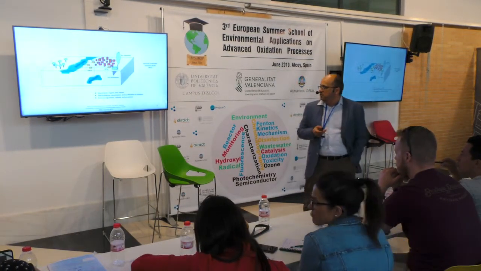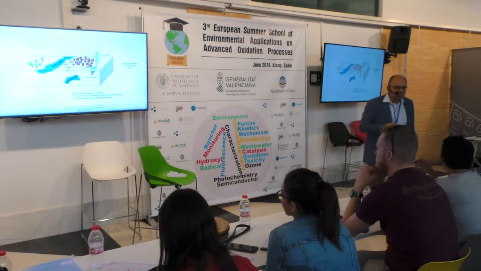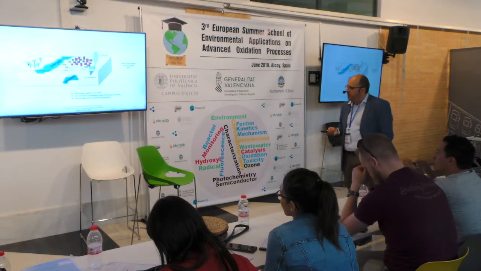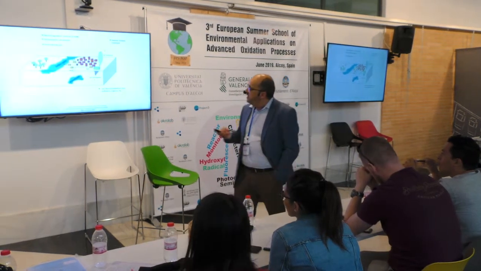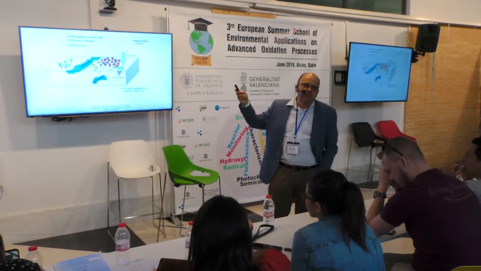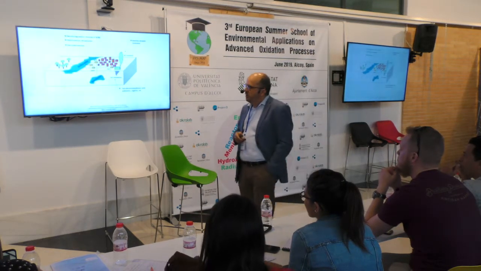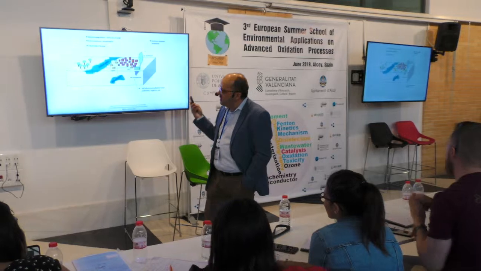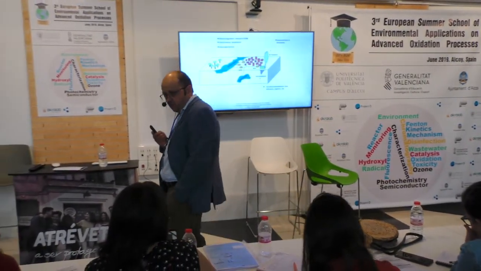And you can use electrocoagulation for the removal of colloids, or for the breakup of emulsions. You can also use electrochemistry in water treatment facilities. You can remove organic matter by electrocoagulation. You can desalinate by electrodialysis. And you can disinfect using electrolysis.